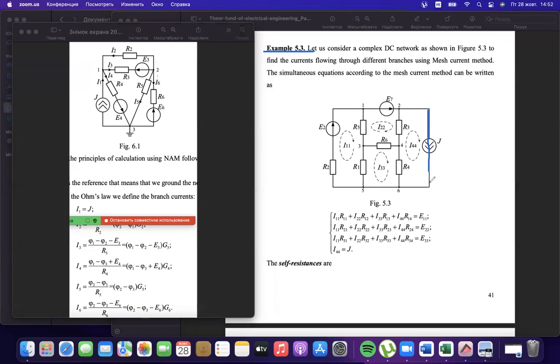But inside one mesh we have a current source. In the previous lecture we discussed that if we have a current source, it decreases the number of equations by 1, because unknown current I44 just equals the already known current J as initial data.